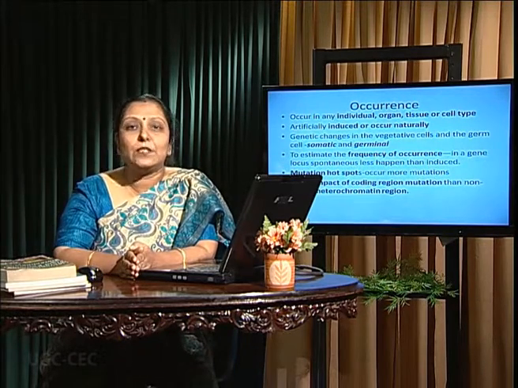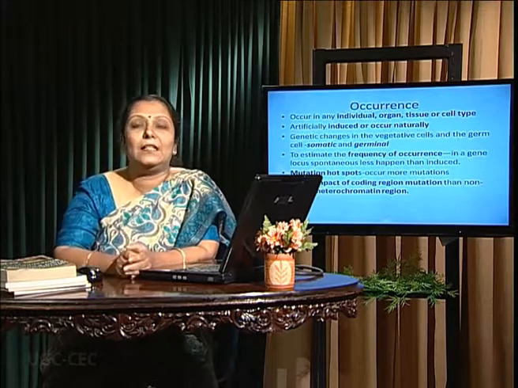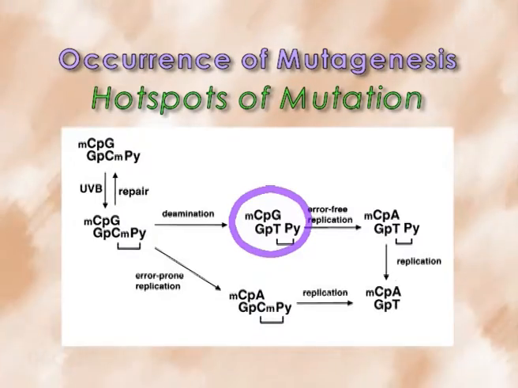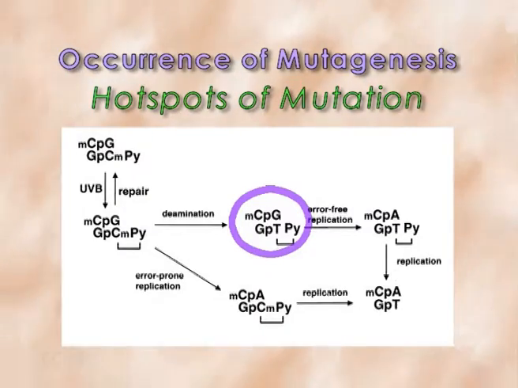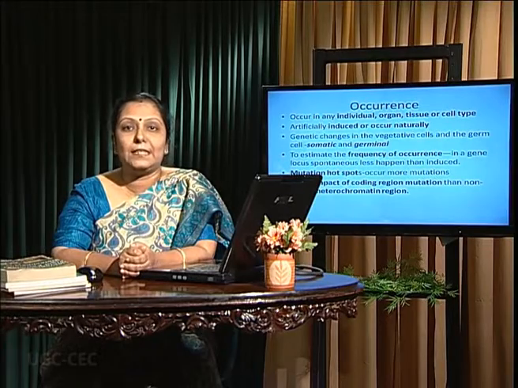High frequency is observed in non-coding genes and some regions called mutational hotspots, the CpG region. It was found that in the heterochromatin region, much more mutagenesis happens than in the coding region because heterochromatin is non-coding region.